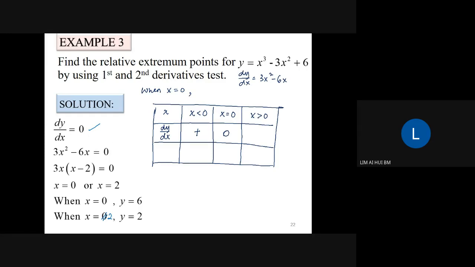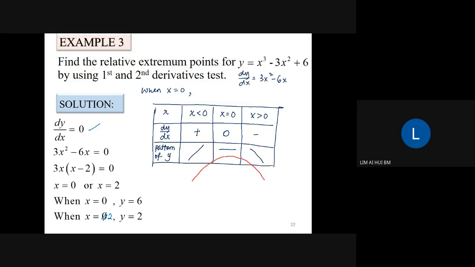And substitute a value greater than 0, for example 1. Substitute 1 in here, you get 3 minus 6, which is negative. Then what do you see for the pattern of y? Since dy/dx represents the gradient, if we get positive, the pattern of y goes up. Positive means it goes up, zero means a horizontal line, negative means it goes down. Then if I slightly sketch the graph according to these three lines, I follow them and sketch a graph curve.